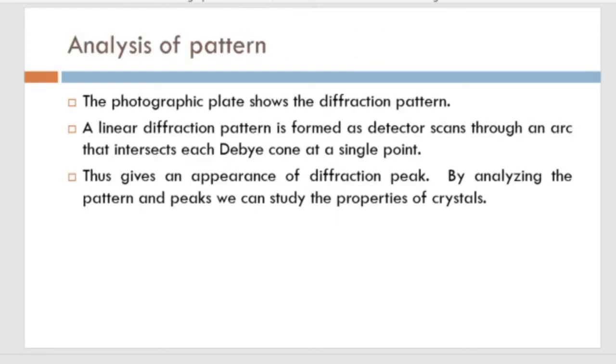The photographic plate shows the diffraction pattern, and a linear diffraction pattern is formed as a detector scans through an arc that intersects each Debye cone at a single point. Thus it gives the appearance of diffraction peaks. By analyzing the pattern and the peaks, we can study the properties of the crystal.